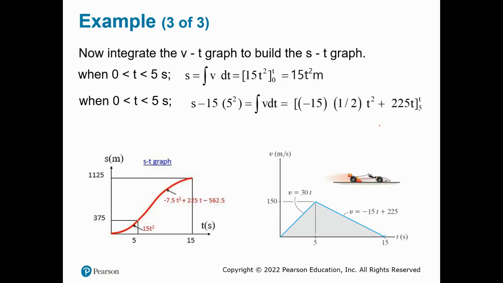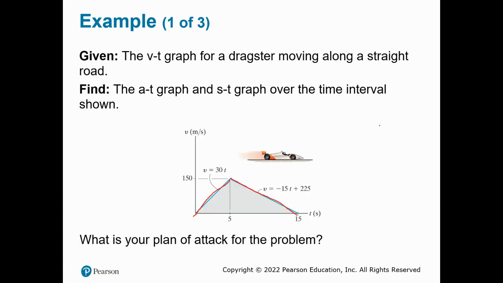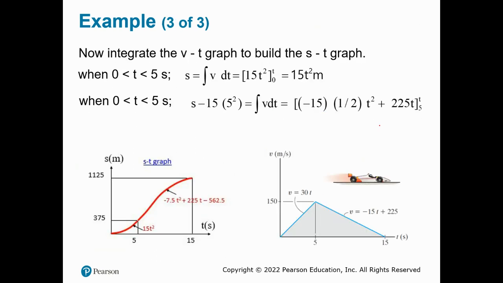Next, we need to look for the ST graph. In other words, how much distance does it travel? We know that going from 0 to 15, we're going to break that into two portions, 0 to 5 seconds and 5 to 15 seconds. For 0 to 5 seconds, we're going to calculate the area under the curve. For 5 to 15 seconds, we're going to calculate the area under the curve again, taking the integral and breaking that into two parts.